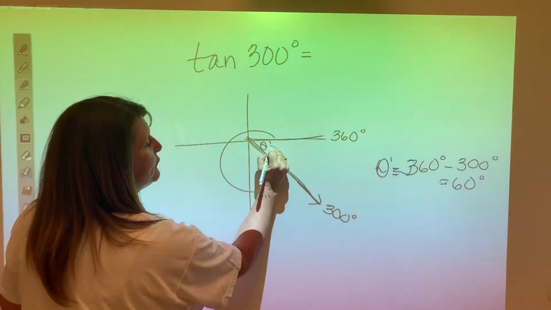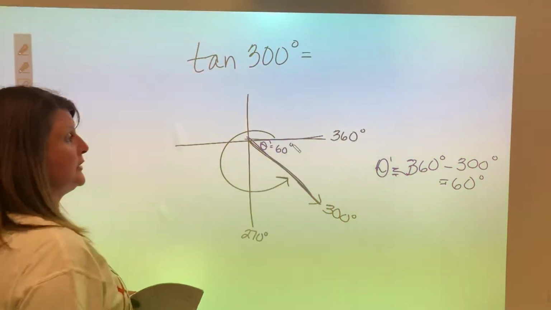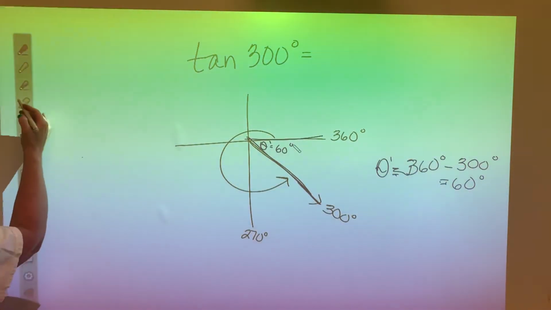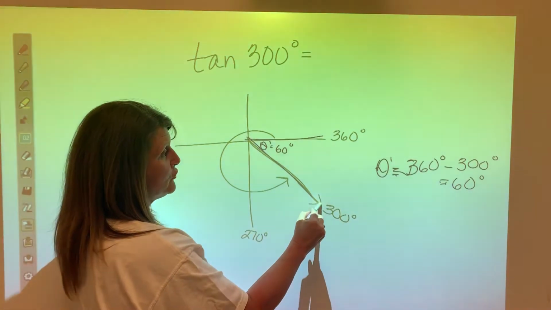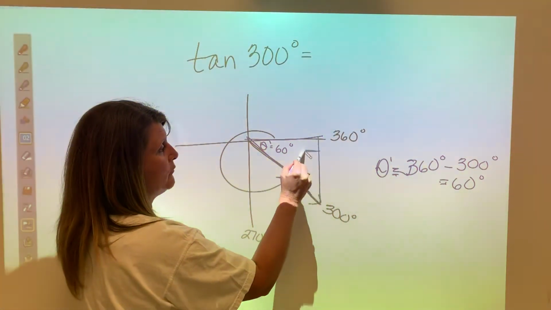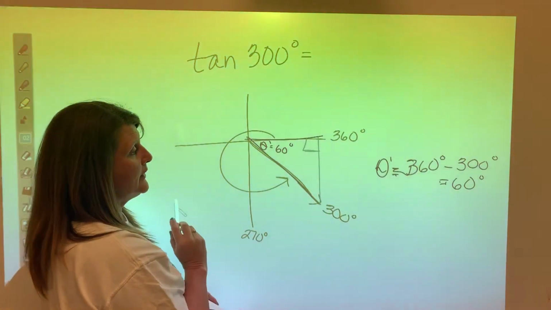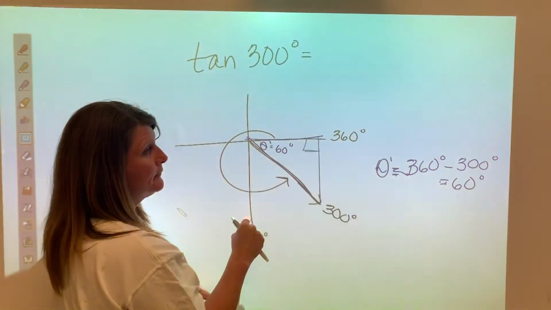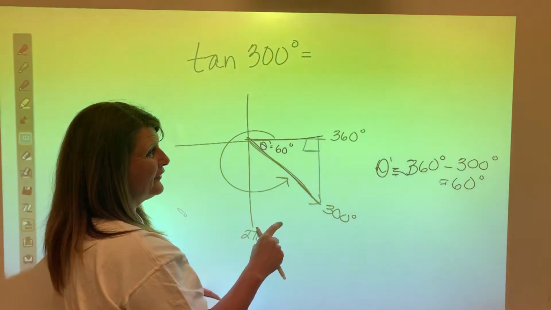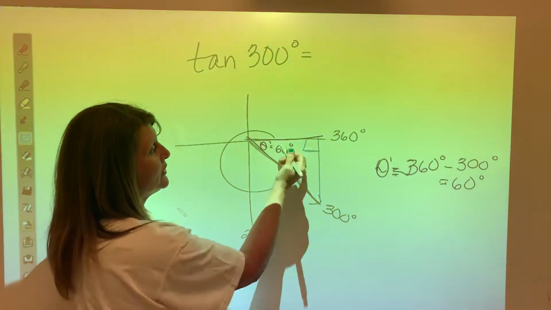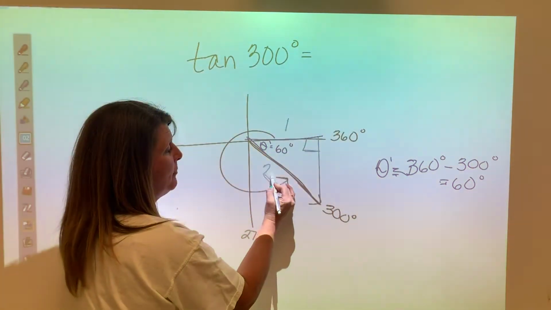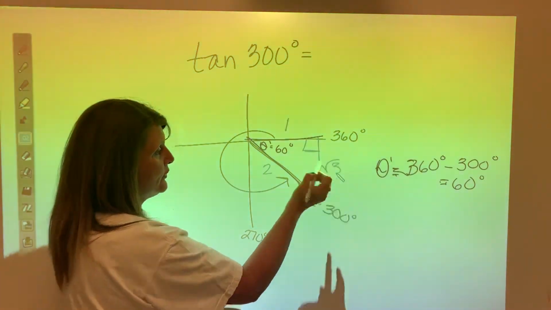So your reference angle in this problem is 60 degrees, okay? And he's going to help us answer this question. I'm going to drop a perpendicular, make a reference triangle, and that's going to create for me a 30, 60, 90 degree triangle. So again, it's 1, hypotenuse 2, square root of 3.